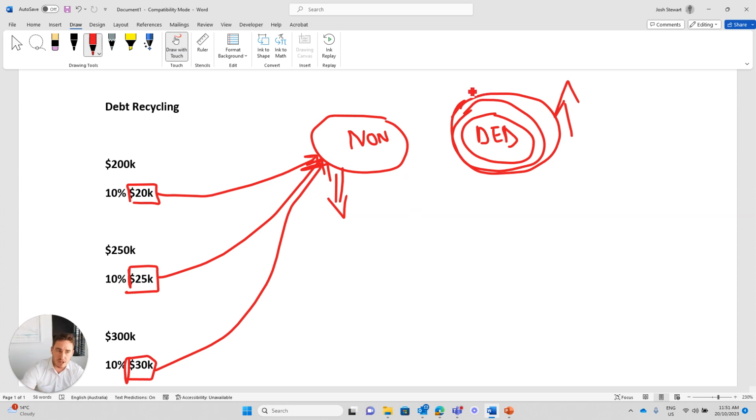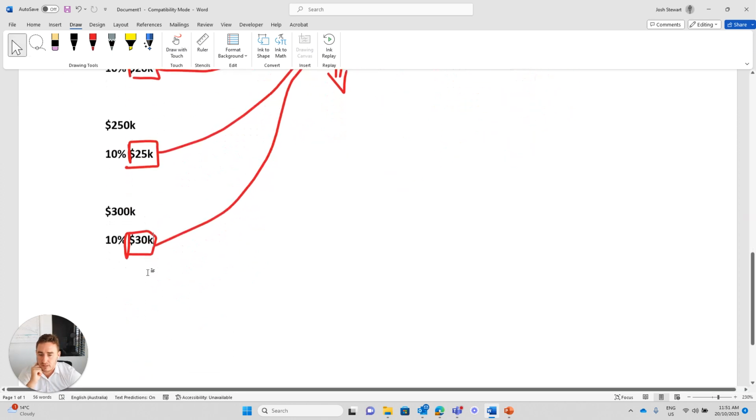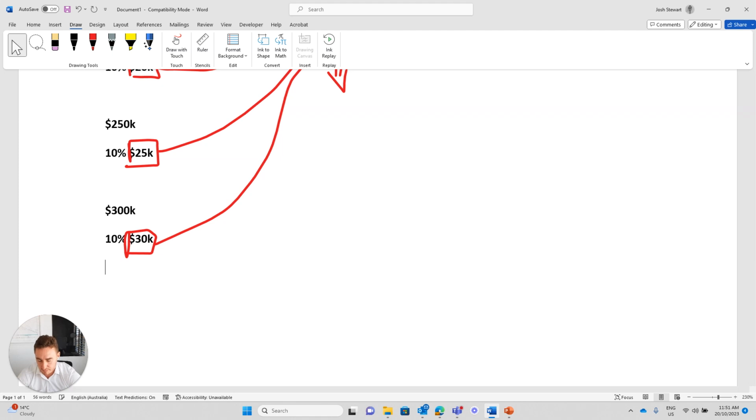My property value goes up and I'm able to increase that deductible debt loan. And again, I come back and I've increased that loan again, that investment. And now I've made 35,000 that year.